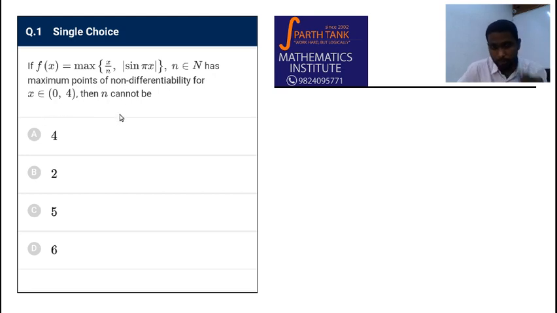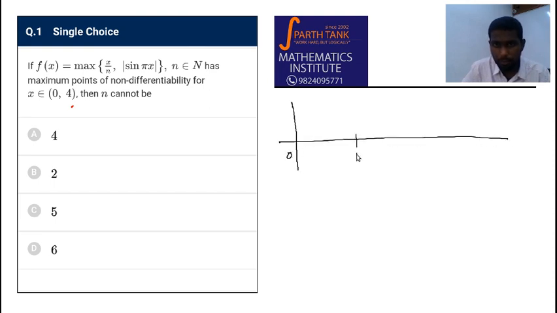Okay, so first let us see how this function will look. How is mod of sine pi x going to be like, and our domain is only from 0 to 4. So let us consider this is 0, 1, 2, 3 and 4.